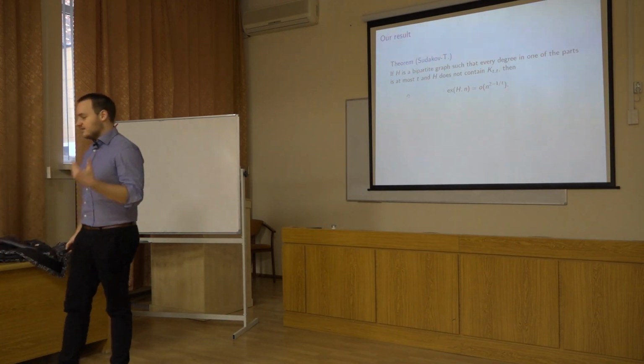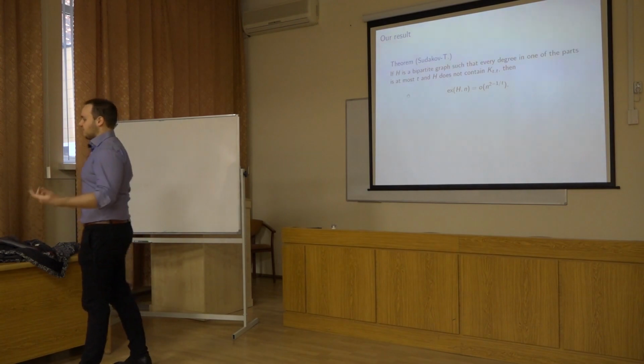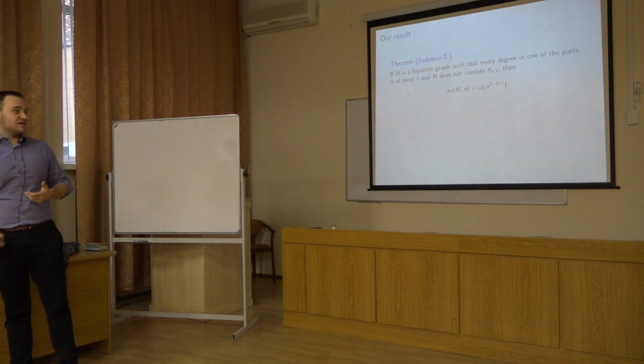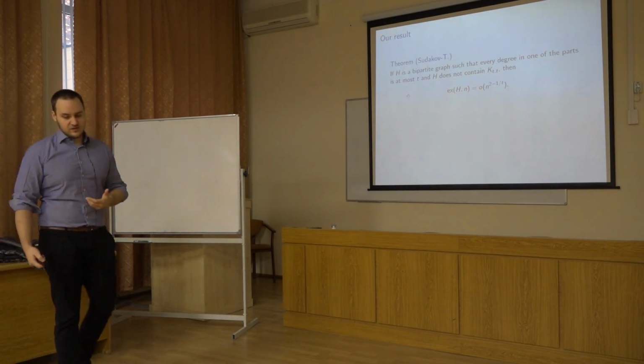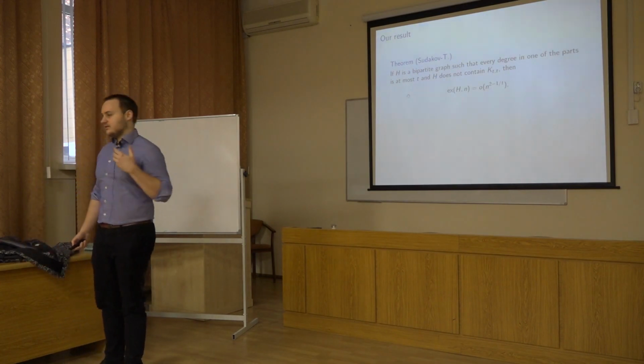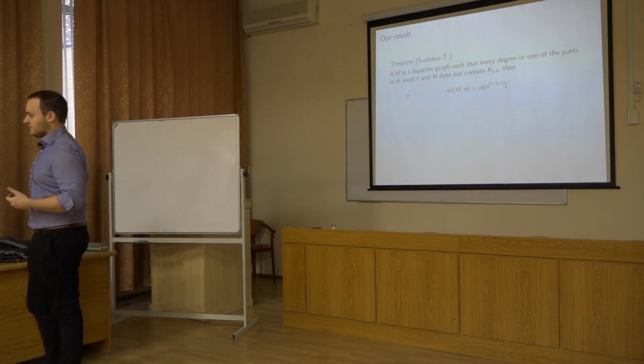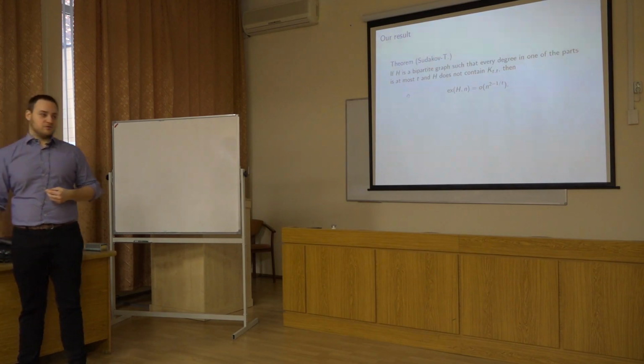So if we are given a bipartite graph where every degree is at most t in one of the parts, and this graph avoids K_{t,t}, then we truly get that the result of Alon-Krivelevich-Sudakov and Füredi is not sharp and can be improved.